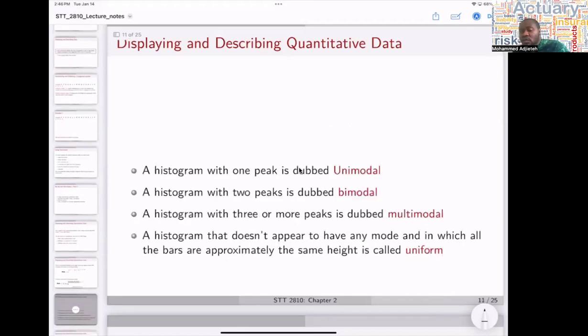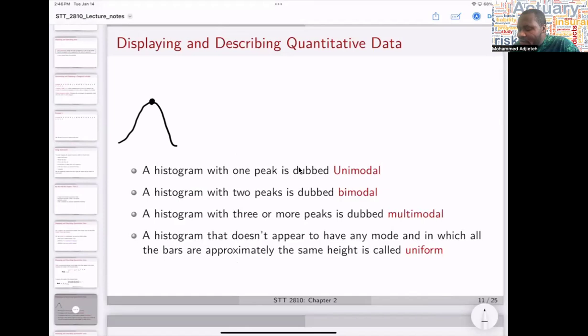Whenever we have a graph, we can see the bump. For example, when we have a graph that looks like this, you can see the bump or the peak is here. And so that is the mode, and this is unimodal. And then in situations where there are two modes, it is bimodal.